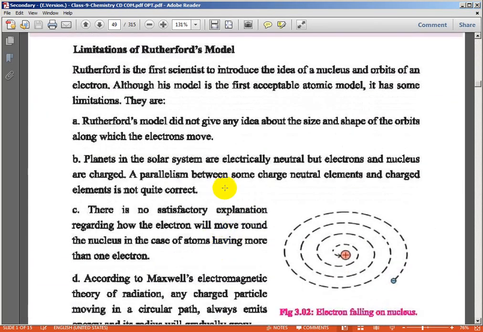Okay, now the limitations of the Rutherford atomic model, some disadvantages. Rutherford is the first scientist to introduce the idea of a nucleus and orbits of an electron. What is an orbit?